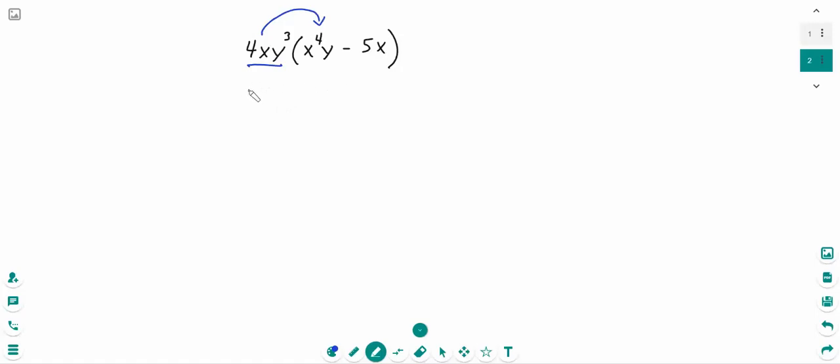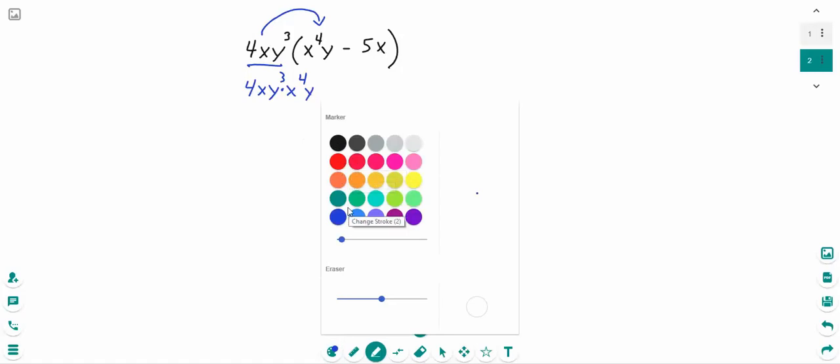But for right now, we'll write that out. So that's going to be 4xy to the third times, and I'll just throw that multiplication sign in there just so you can see where I'm getting these. This is the 4xy to the third, and then I have x to the fourth y that I'm multiplying that by, right?